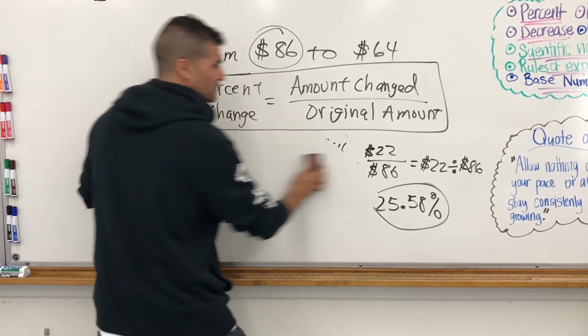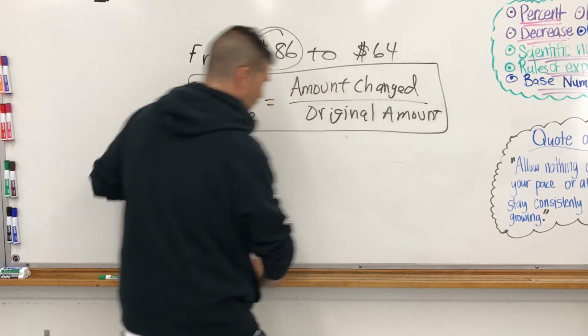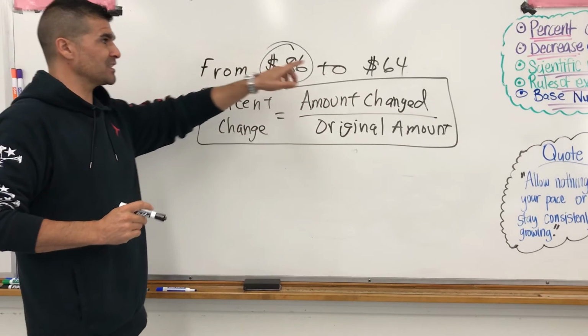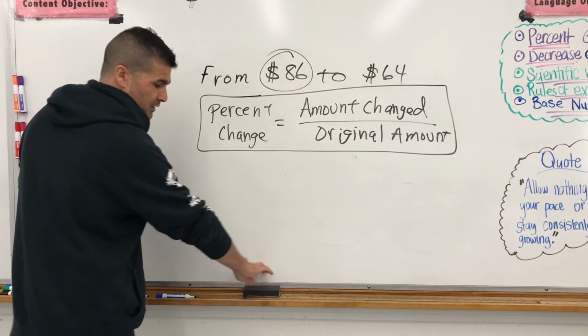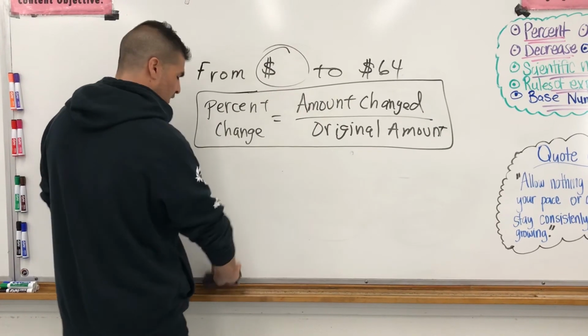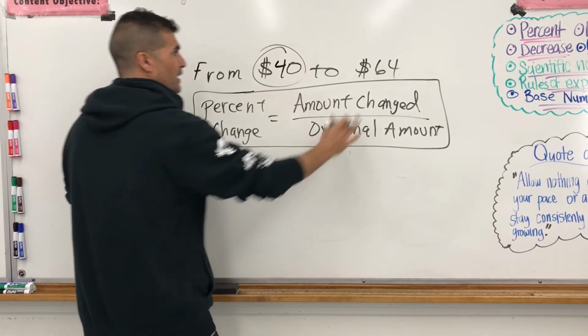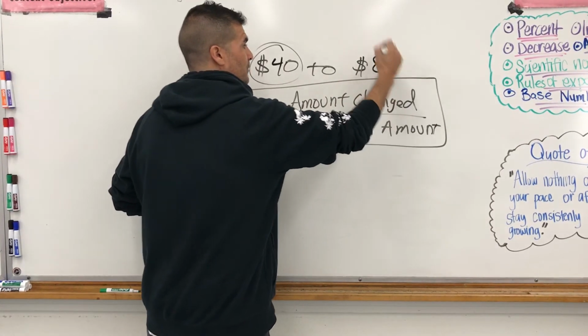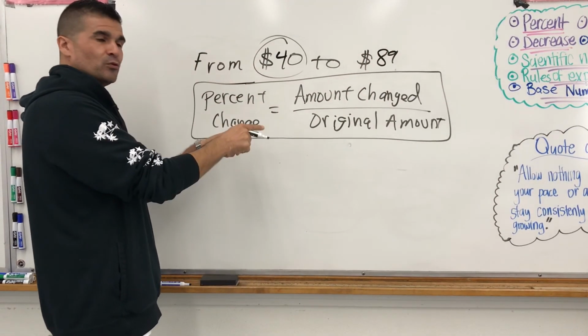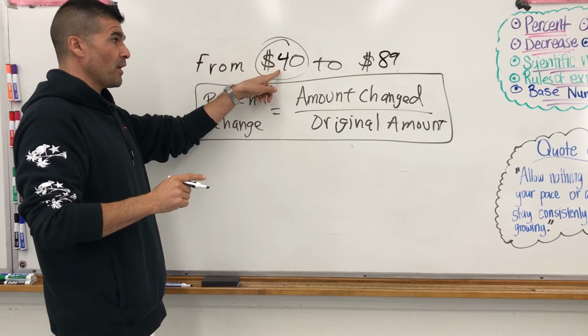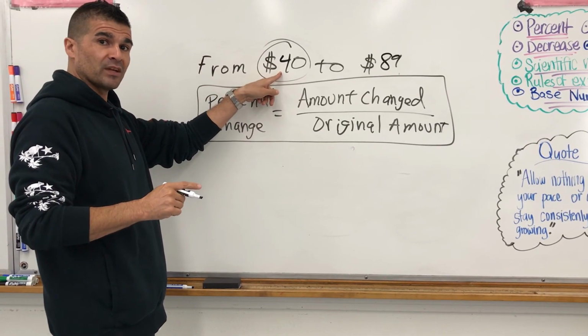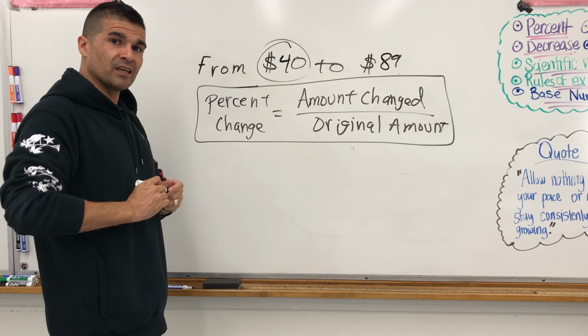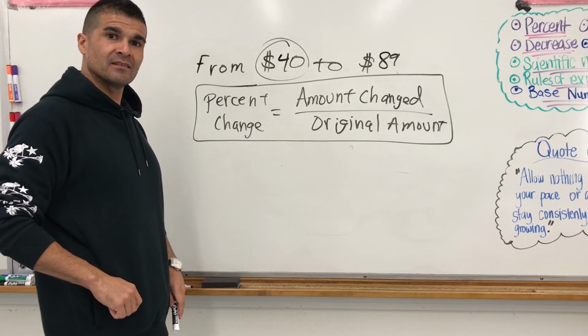Let's do percent change, and instead of going from $86 to $64, let's go from $40 up to $89. You use this equation to try to get this percent increase and log on to the second video. And let's see what you get.